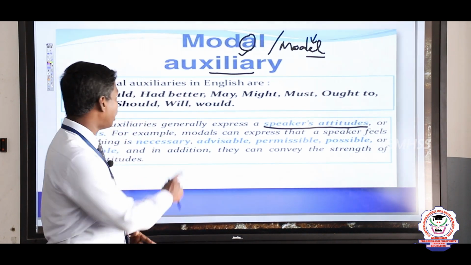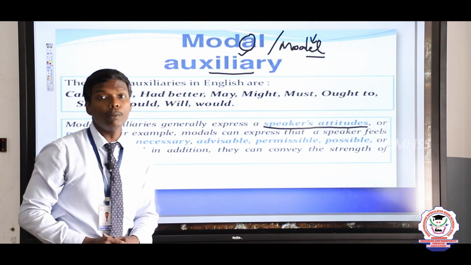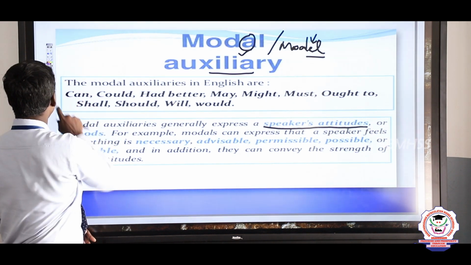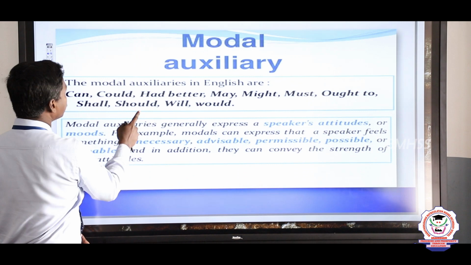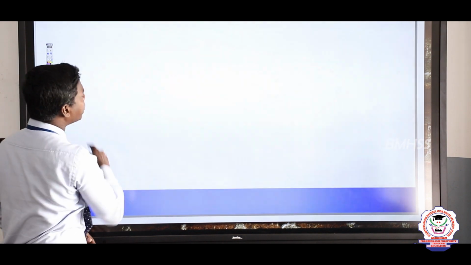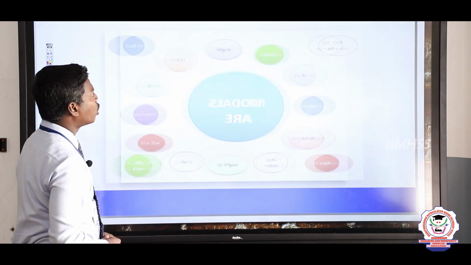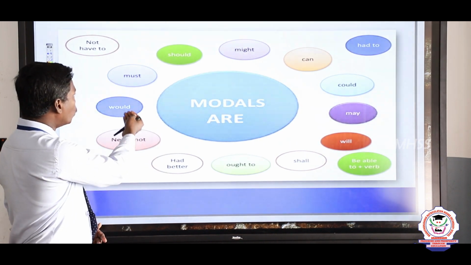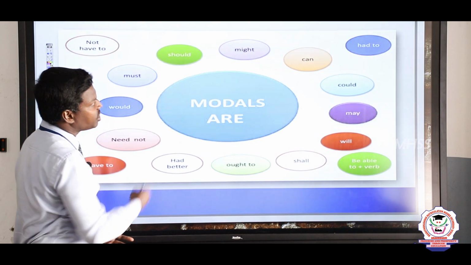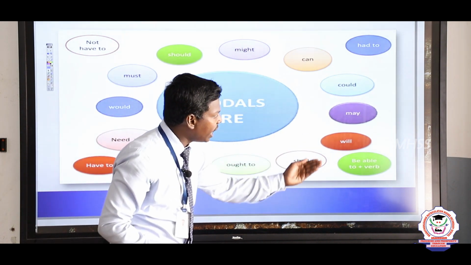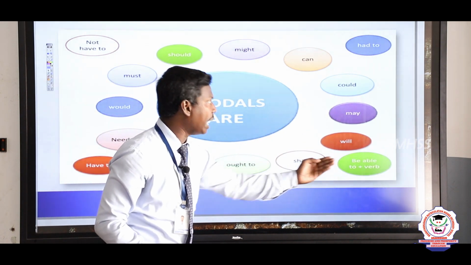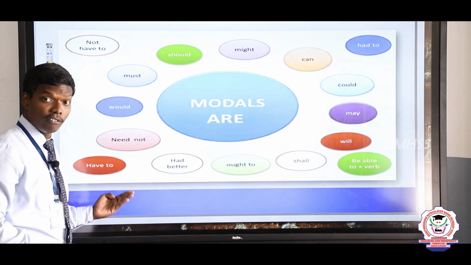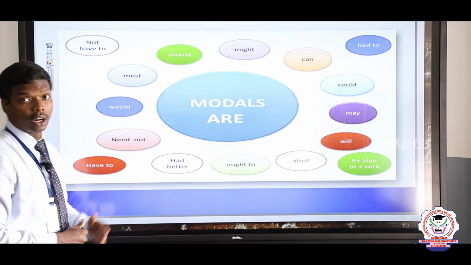In that way, these modal auxiliaries help you a lot. So please keep it in your mind, dear students. And now let's move to another part where we will have the complete list of modal auxiliaries. See, in modal auxiliaries we have got would, must, should, might, can, could, may, will, have to, be able to, shall, had to, ought to, had better, need not, not have to.